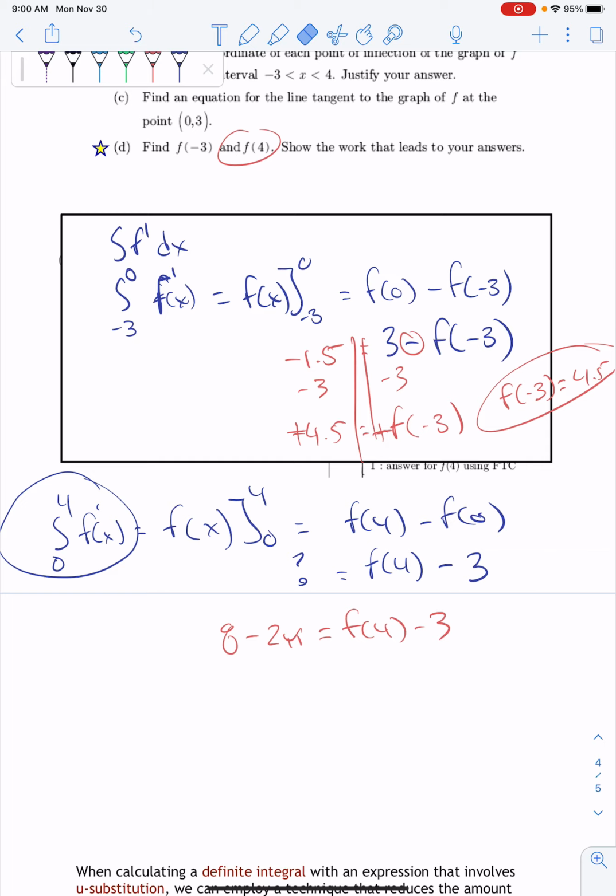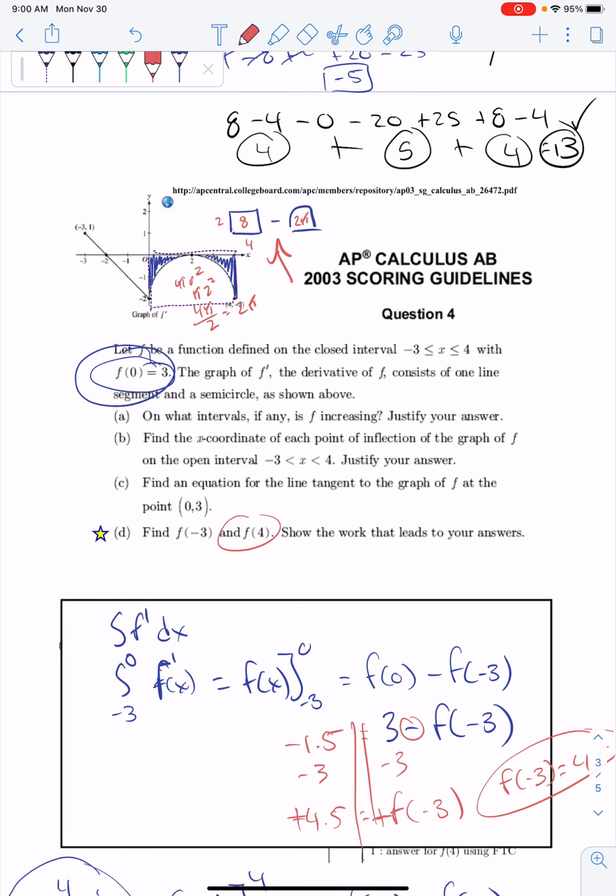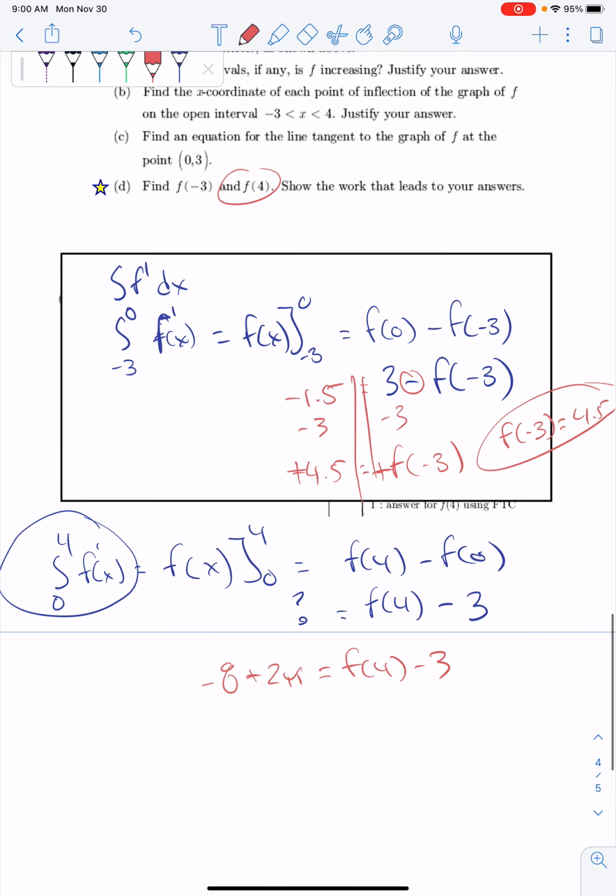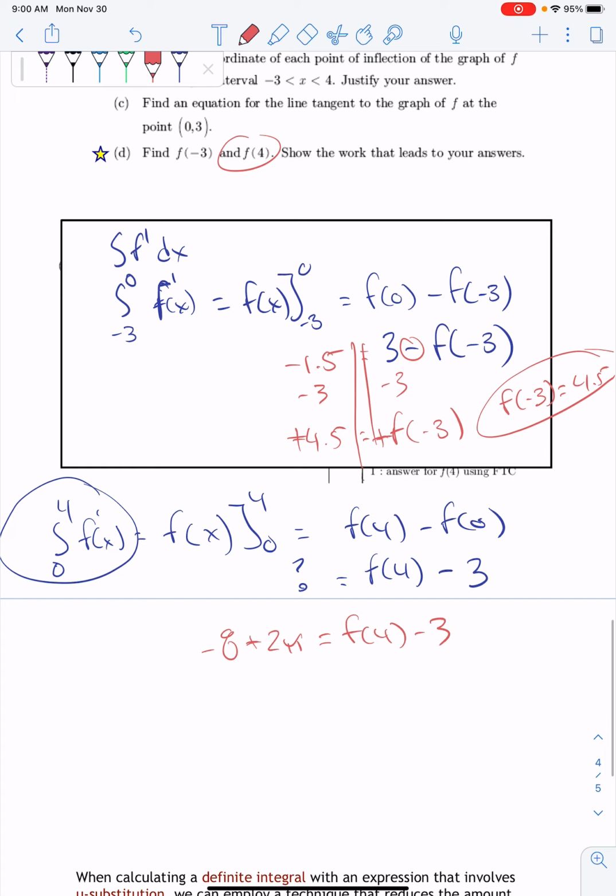That 8 minus 2 pi is actually negative 8 plus 2 pi because my area is under the curve, so it's a negative. So I have to change the sign. So now when I minus 3, I add 3 to both sides, and this becomes negative 5 plus 2 pi equals f of 4. That looks a lot better.